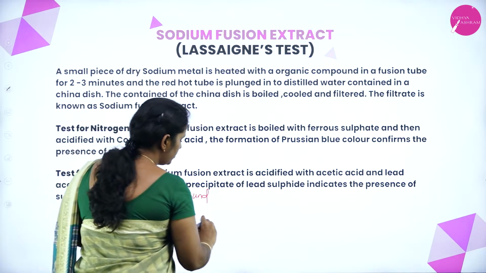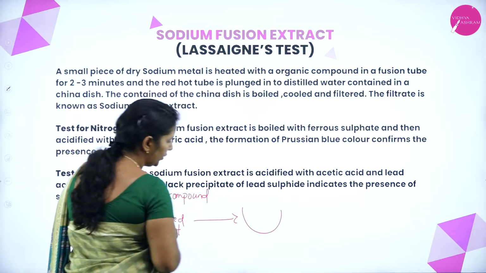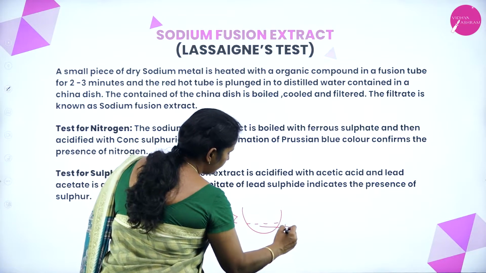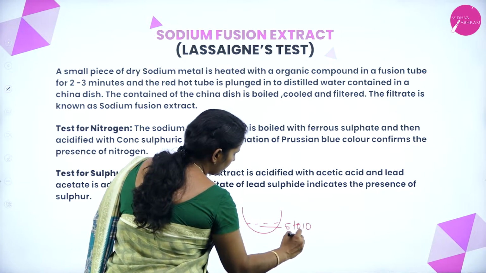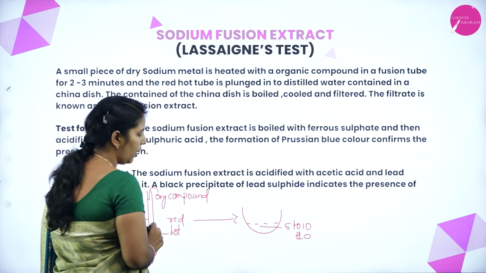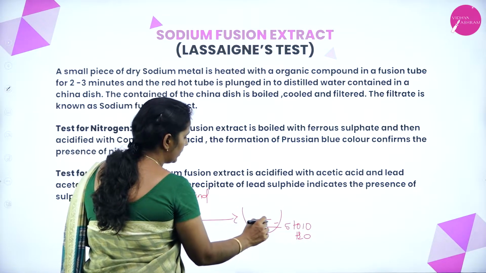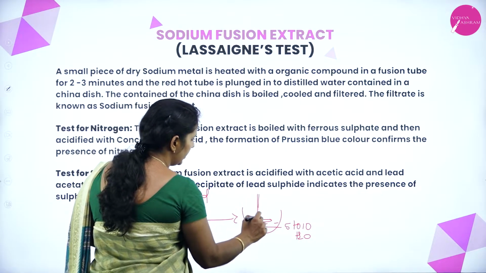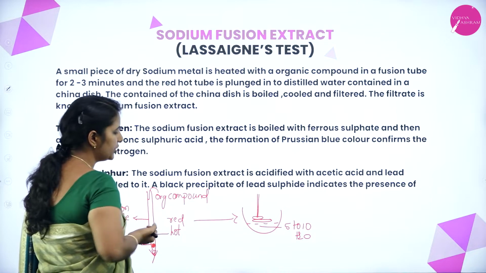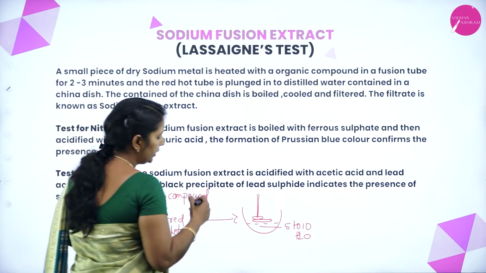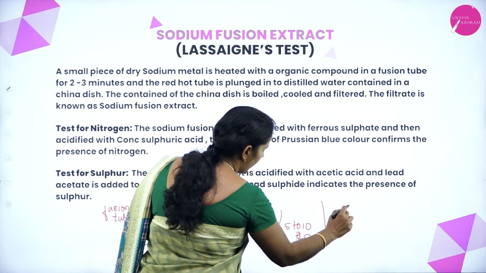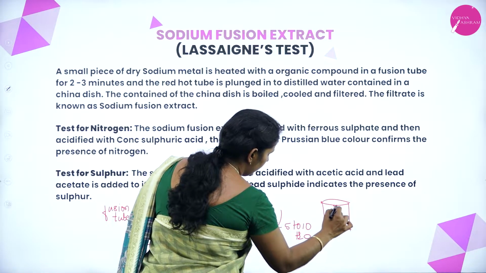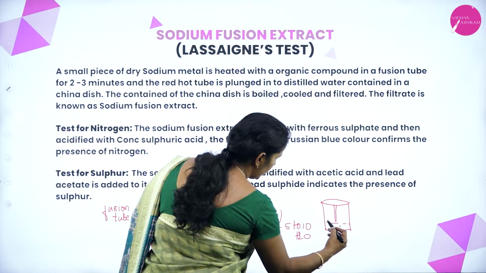Then this fusion tube should be transferred to the china dish which already contains 5 to 10 ml of water, and we are going to drop this fusion tube into this china dish and crush it using a mortar. Then we are going to filter it and we are going to get the pure solution.